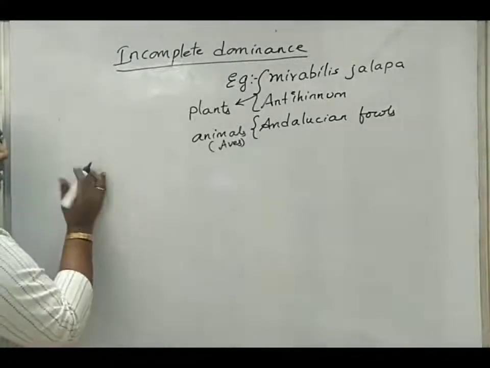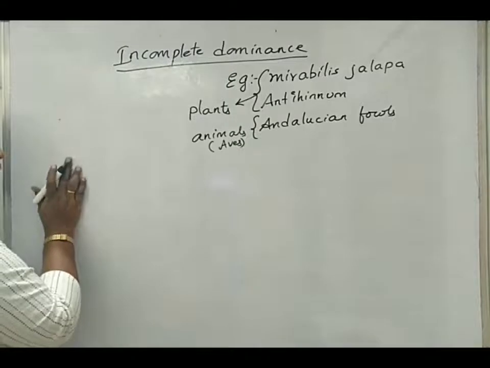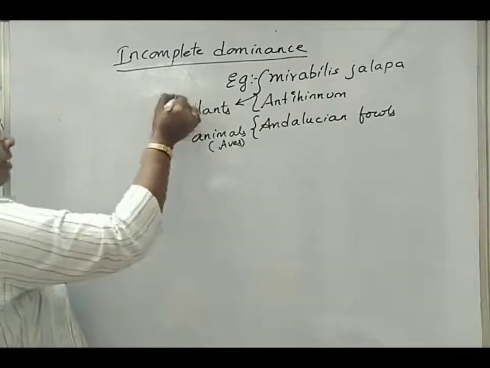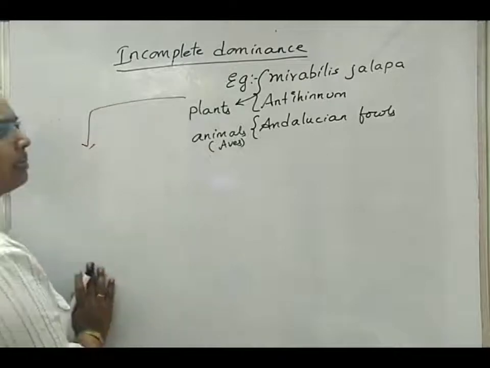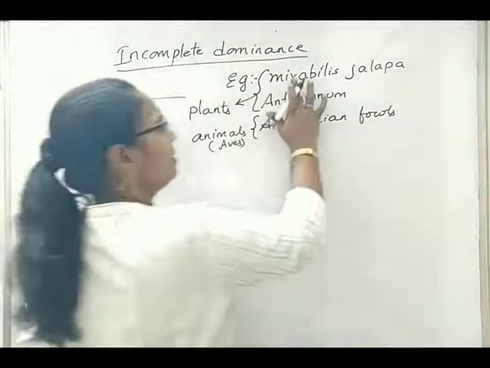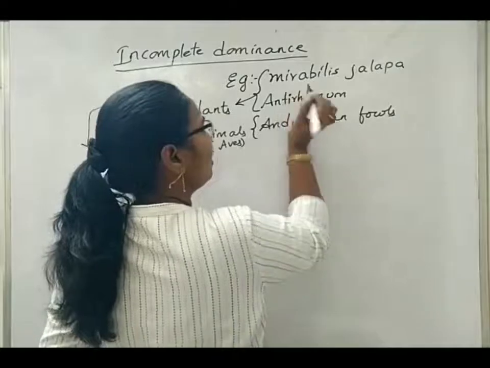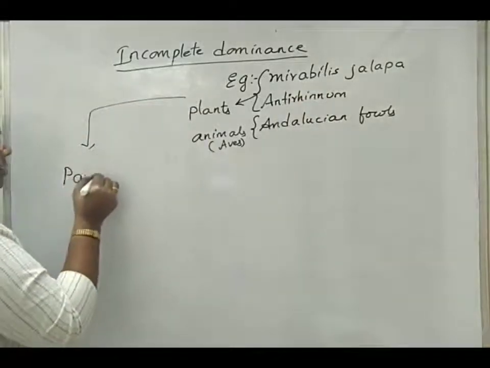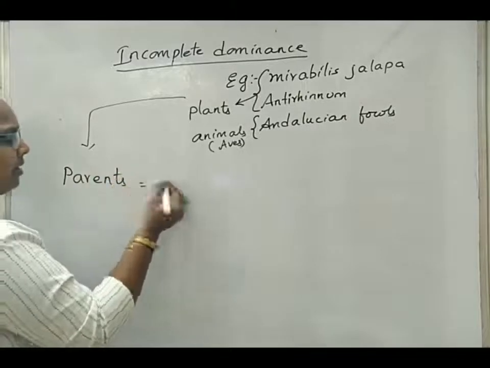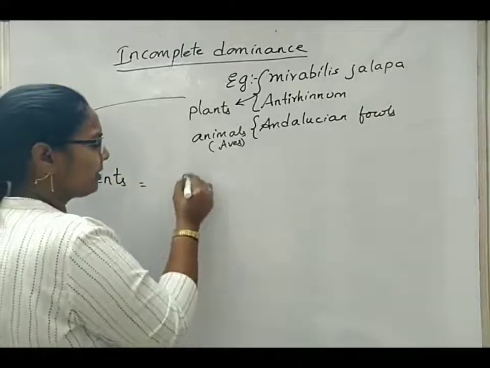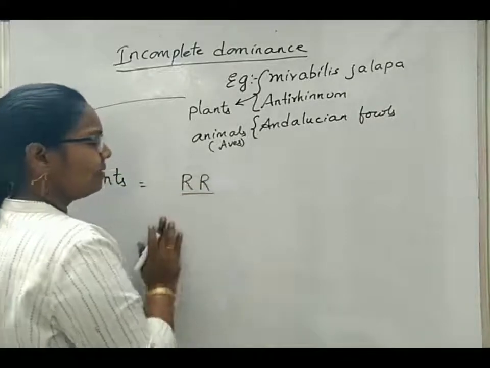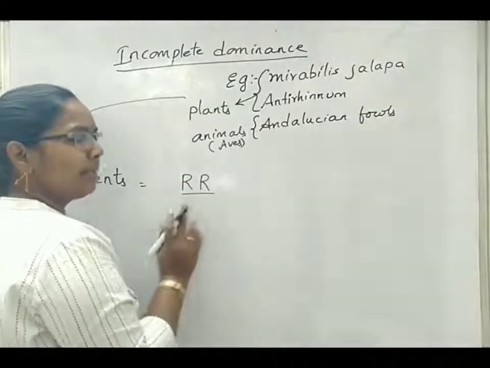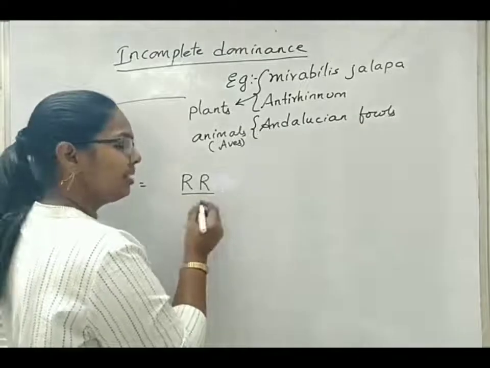We will directly take the parental allele forms, or genotypes, and start the explanation. For suppose, in this case, either in Mirabilis jalapa or Antirrhinum, parents are taken with the genotype capital R. This is the genotype that expresses the dominant color of the petals of the flower, that is red color.